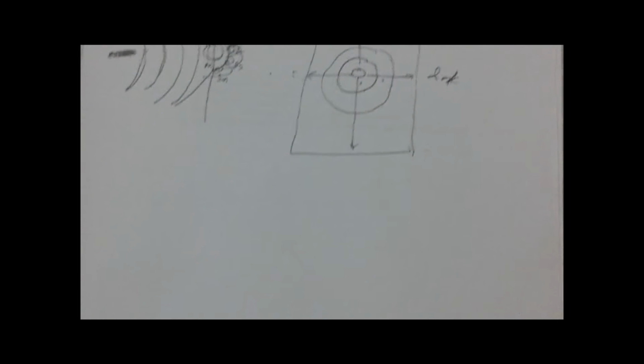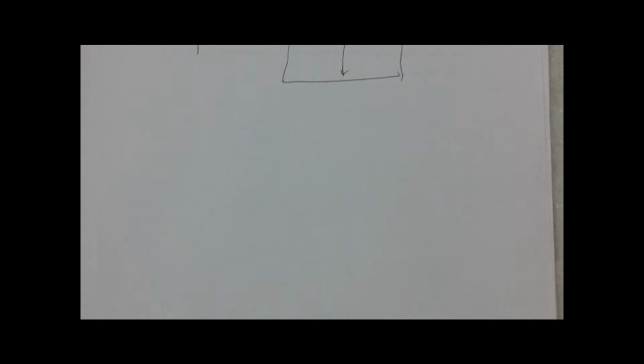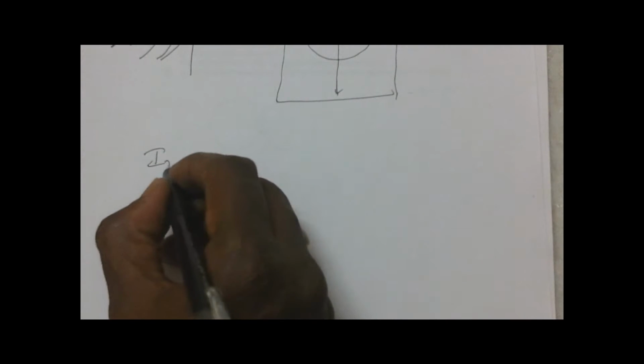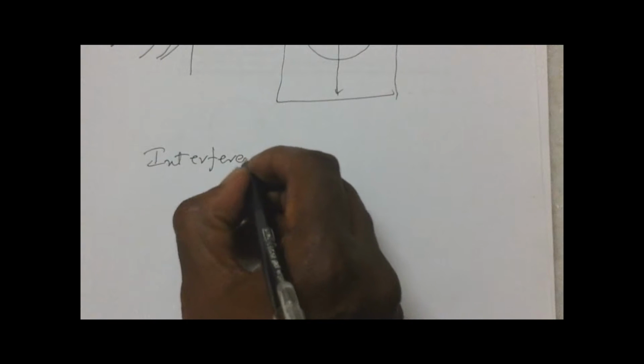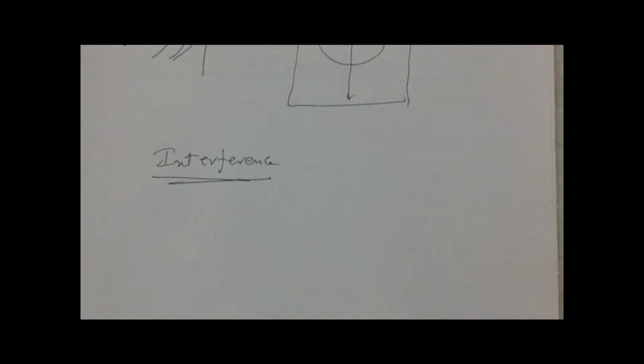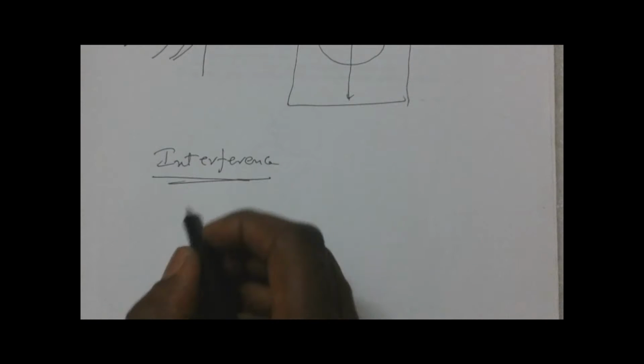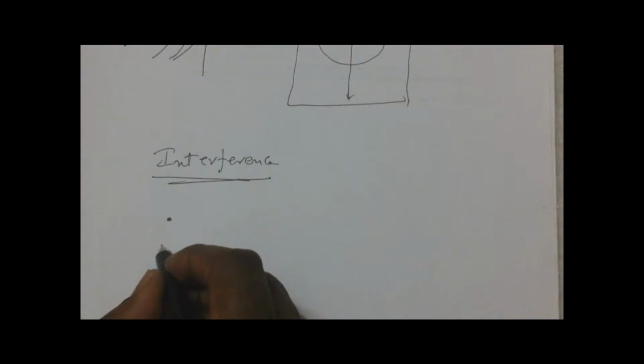Now, if you want to discuss interference, we have to have two coherent sources, S1 and S2.